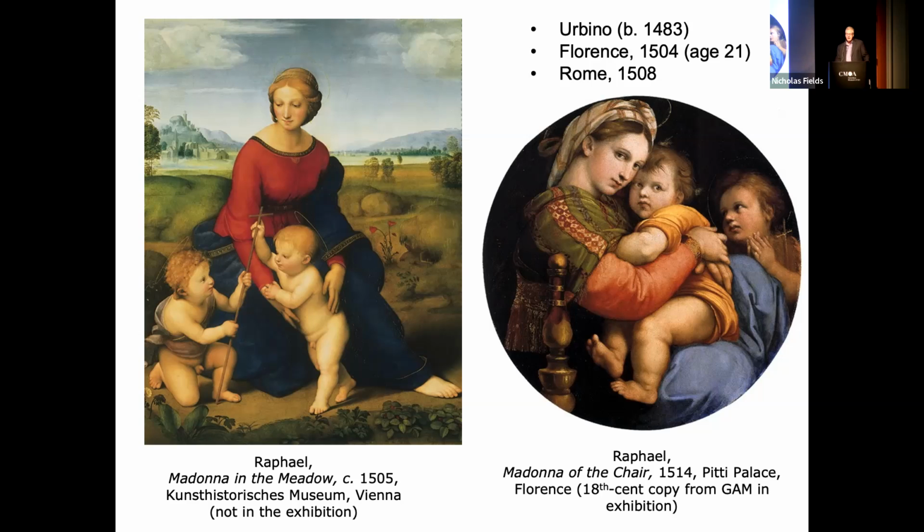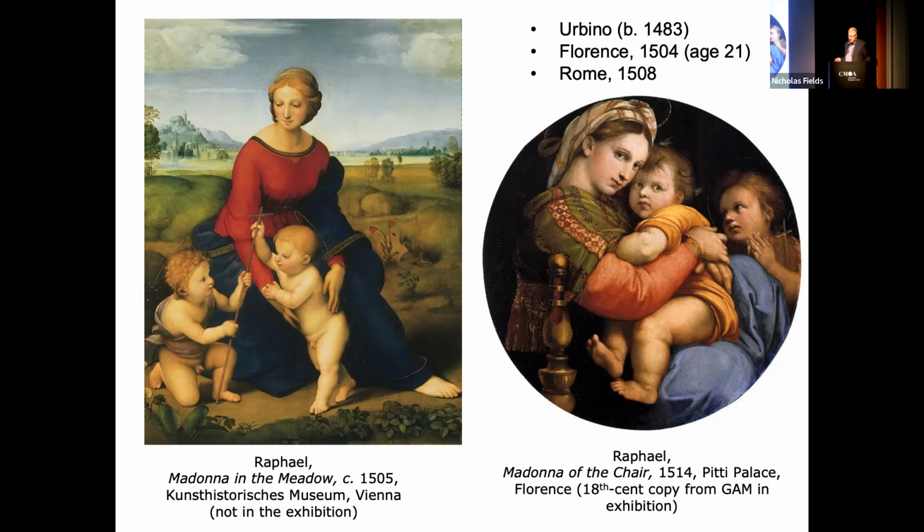And he quickly outstripped the abilities of his distinguished teacher, or it's unclear whether it was actually a student-teacher relationship or whether he worked in the studio of Perugino, an early Renaissance master. And he quickly establishes his independent style.